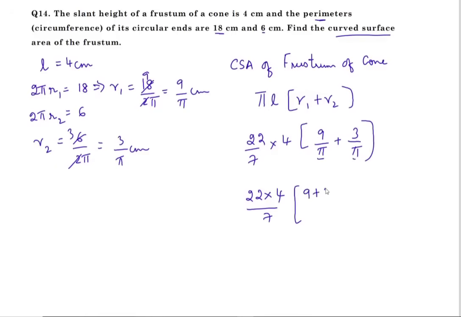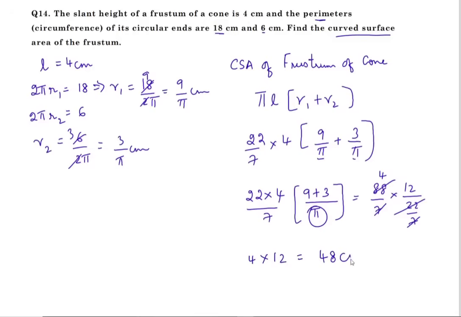That is 9 plus 3 by pi. 22 into 4 is 88 by 7 into 9 plus 3 is 12 divided by, now substitute the value of pi, that is 22 by 7. This 7 and this 7 will cancel. Now what I get? 22 ones are 22, 22 fours are 88, so 4 into 12, 12 fours are 48. Therefore, the CSA of frustum of cone is 48 square centimeter.